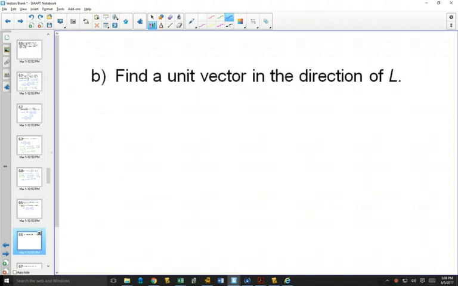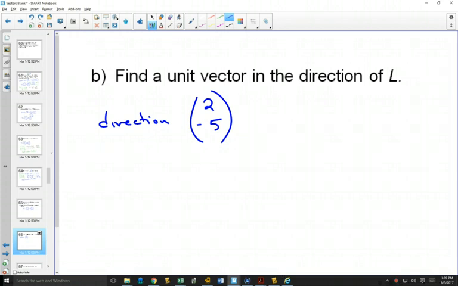Two and negative 5. So the direction was the 2 and the negative 5. How do we make a unit vector in that same direction as that vector? What's that? 1 unit in that direction.